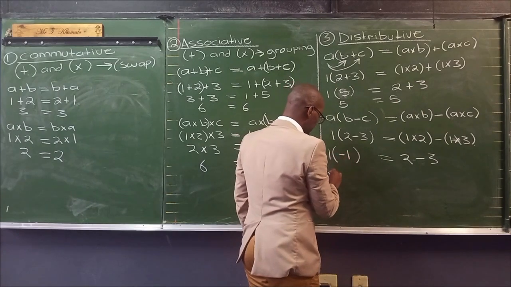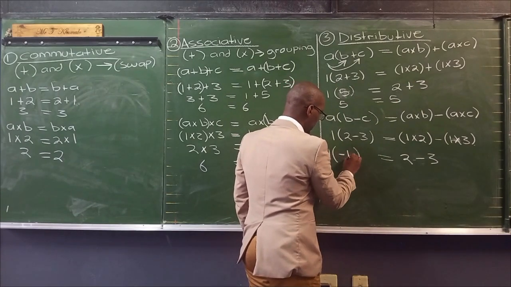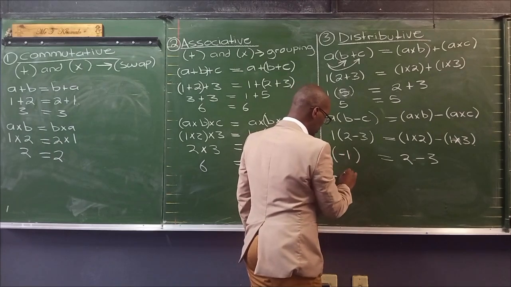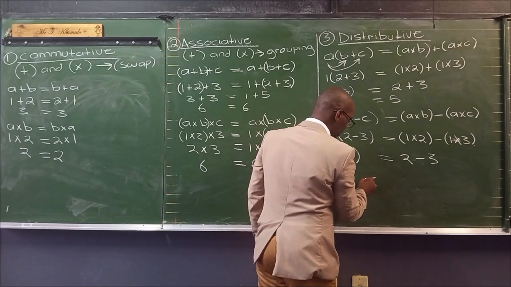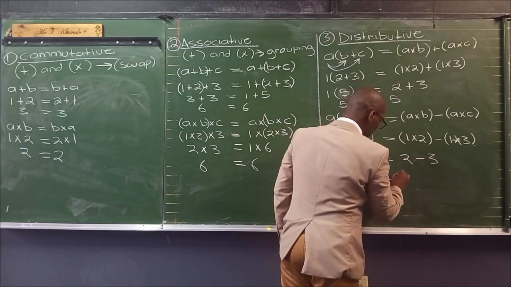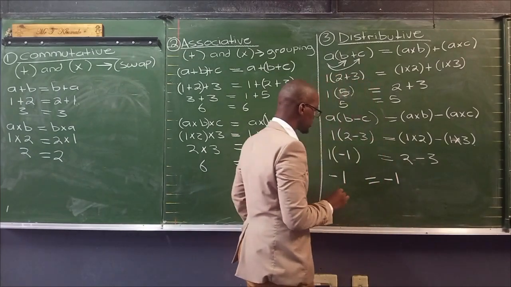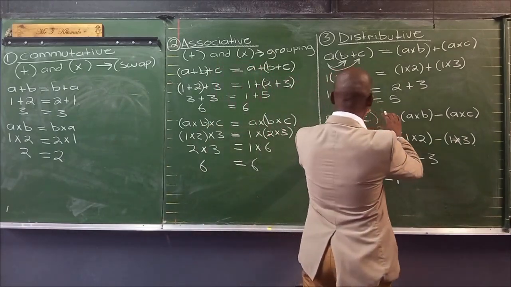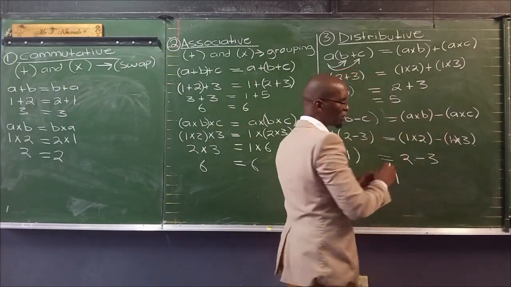Right, a positive and a negative gives us negative, and 1 times 1 gives us 1. So we have negative 1 is equal to 2 minus 3. So that will give us negative 1 as an answer. So the answer will still remain the same. It's just that we are having this written in 2 different formats.